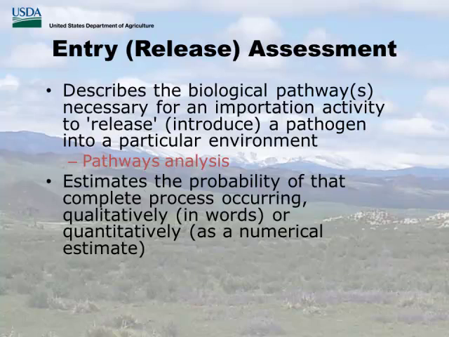The biological pathways are a very important part of it. We need to look at how it actually gets into a particular environment. An important part of it is pathway analysis. We can estimate the probability of that occurring if we have enough data. We can either do it qualitatively, or hopefully if we have enough data, quantitatively, as far as an actual numerical estimate of that happening.